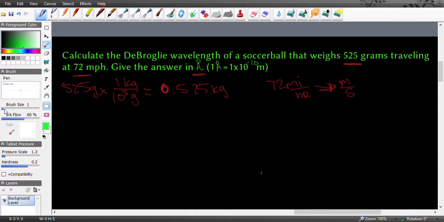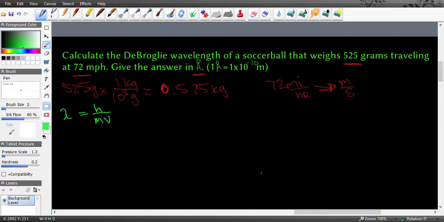And the reason you want to do that is because we will be using this formula right here: lambda equals Planck's constant over mass times velocity. So this is going to be our velocity. We need it in meters per second.